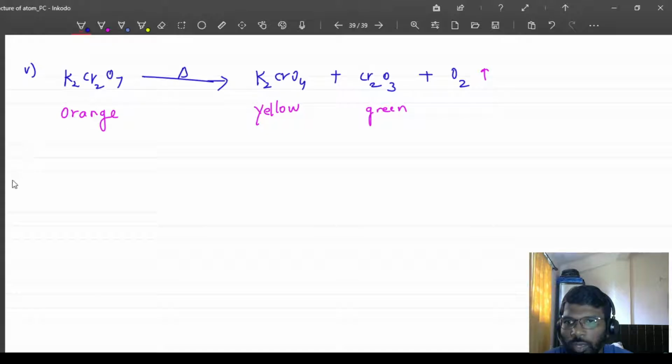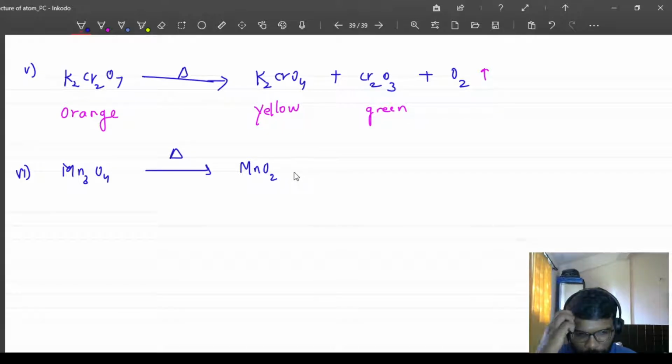Then also, if we heat the compound Mn3O4, then what you will get is MnO2 plus oxygen. The reaction is not balanced.